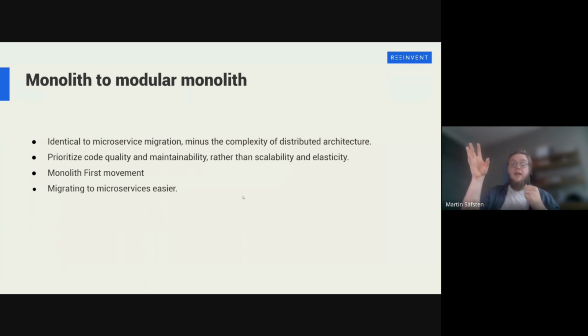So if you instead focus on splitting up the system into nicely isolated domains, with the event storming approach, or just splitting up the big ball into nice isolated domain boundaries, that's the hard part of converting a monolith to a domain-driven design system.